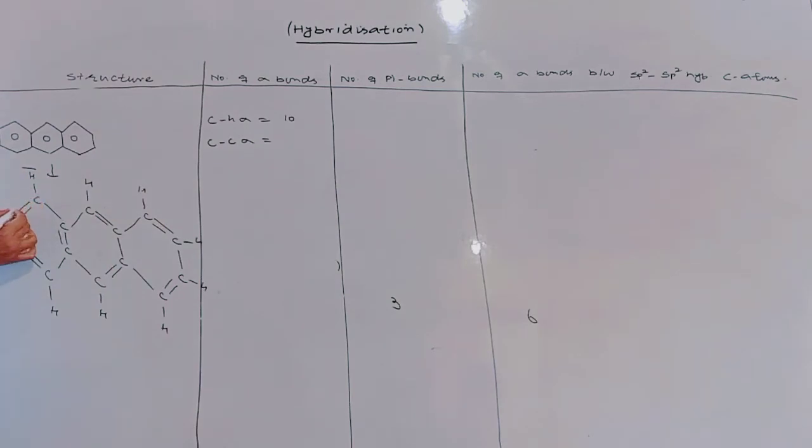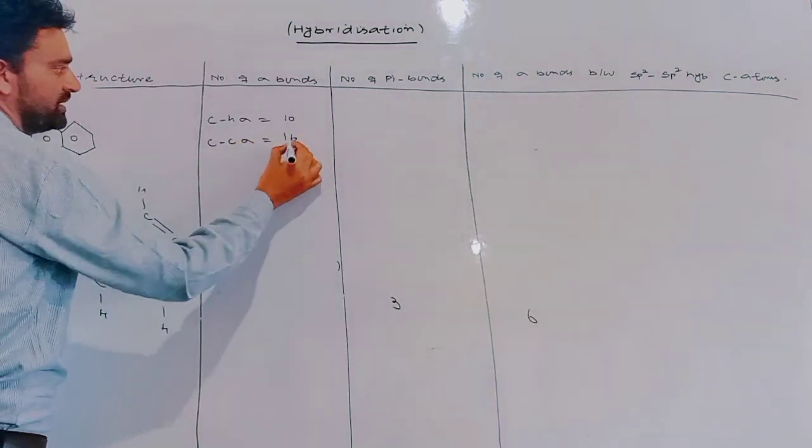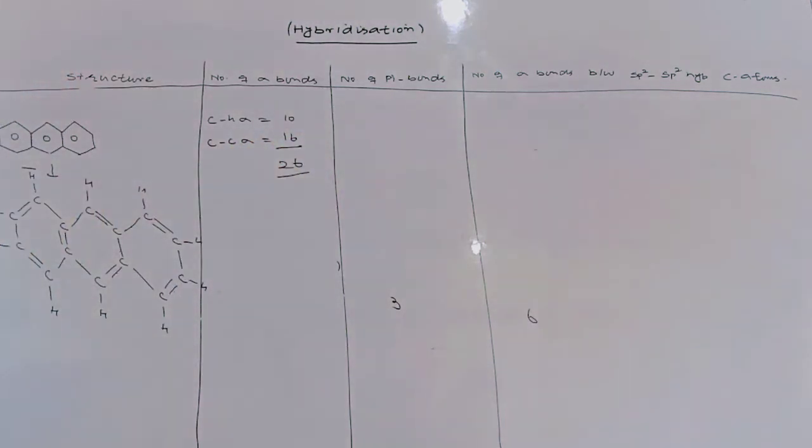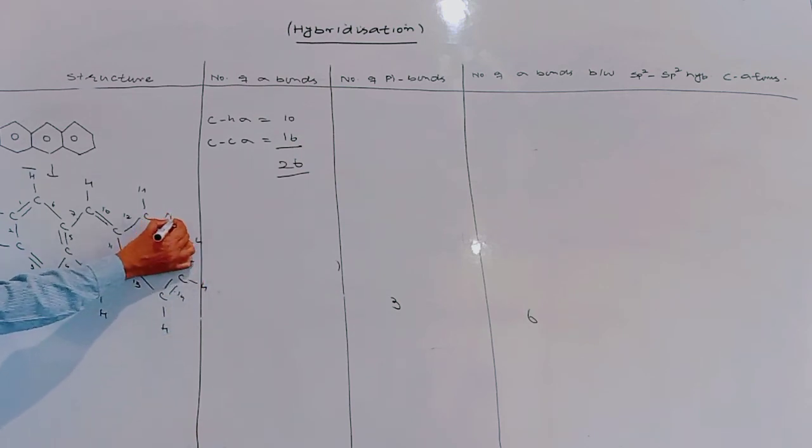Start from this. 1, 2, 3, 4, 5, 6, 7, 8, 9, 10, 11, 12, 13, 14, 15, 16. Clear? They are 16. Total 26. Check again, there is no doubt in this. How many hydrogens are there? 10.